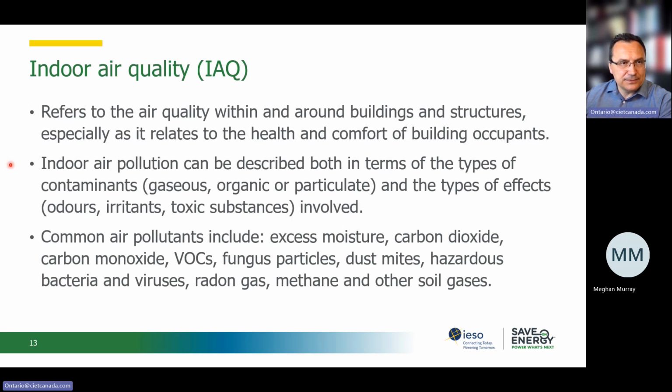Indoor air pollution is defined by various contaminants, gases that are emitted in our buildings by process equipment, by building components, materials in the space, organic or particulate, as well as the effects that are impacting our building occupants, like odors, irritants, toxic substances that are related to the indoor air quality measurements.